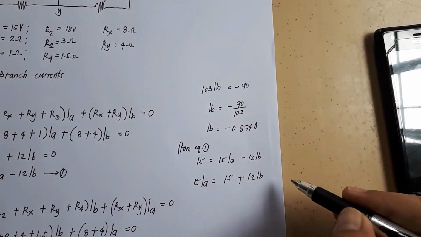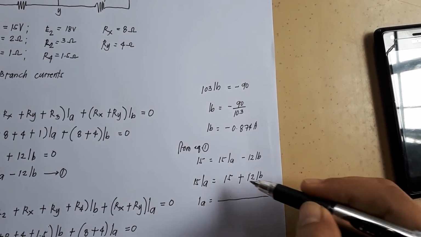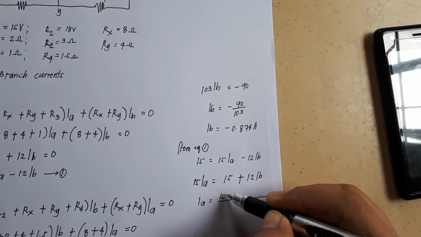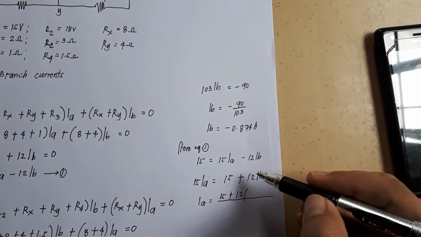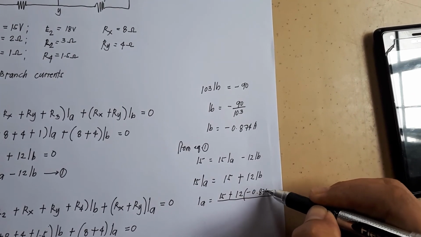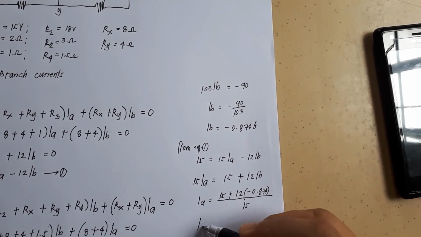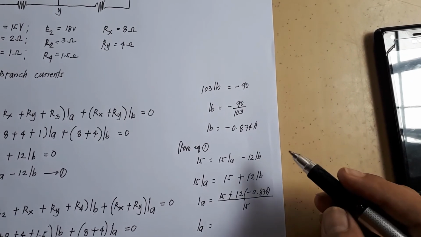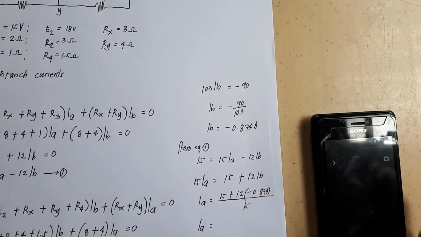Then substituting, IA would be equal to 15 plus 12 multiplied by negative 0.874, and then divide by 15.